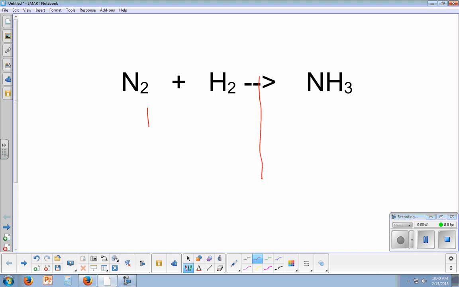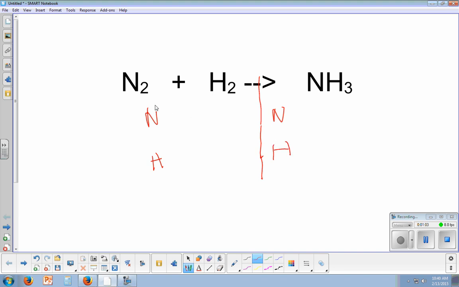So I'm going to put my nitrogen and my hydrogen because I have both of those. And I'm going to do the same thing on the product side. I want to keep it in the same order because it's easier to compare across if it's in the same order. Okay, so N and H.